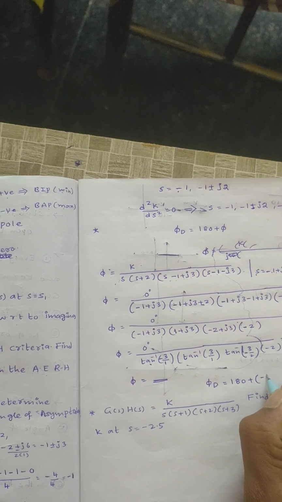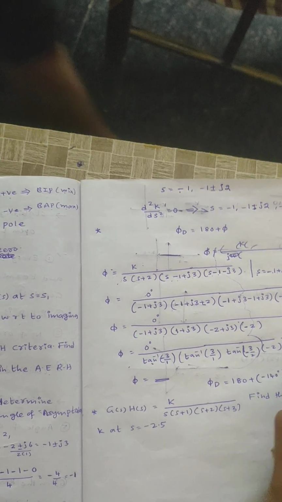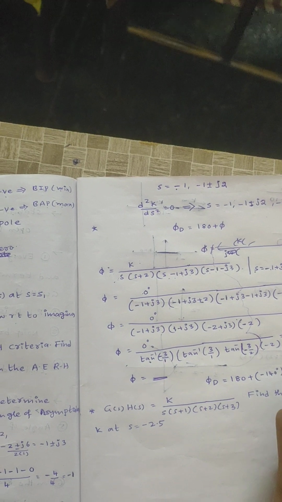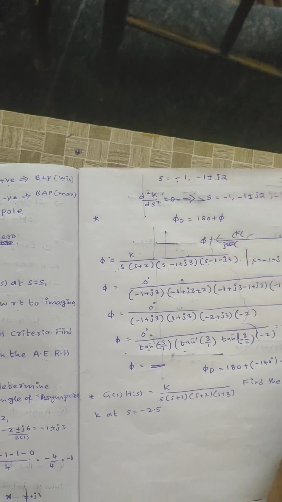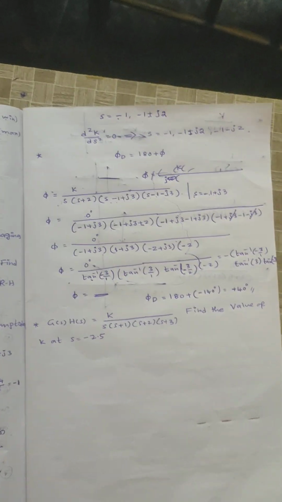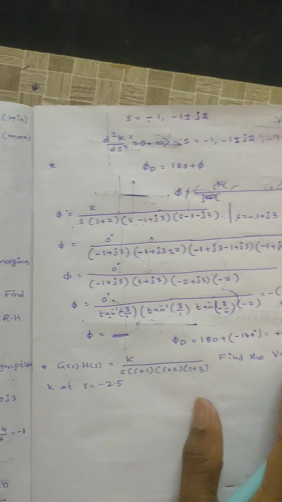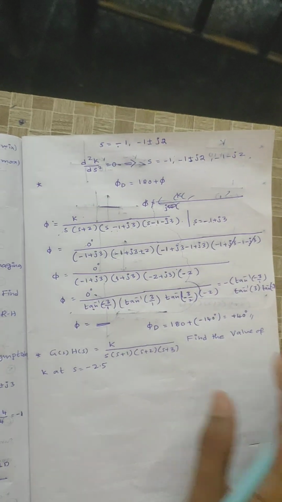Just assuming an approximate value of 140 degrees, I will get the phi d value as plus 40 degrees as the answer. In this way we can calculate the angle of departure or angle of arrival. Okay, thank you all.